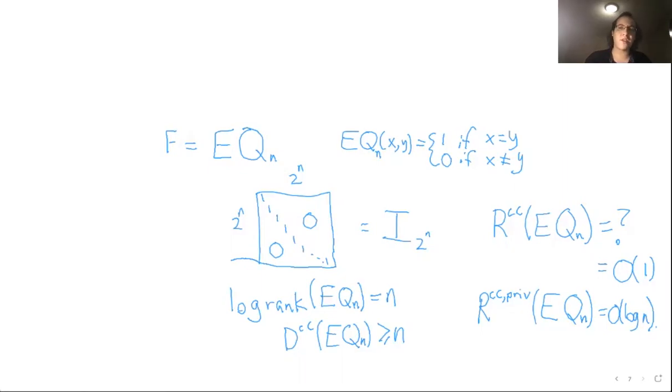And note that equality here is just a normal communication function. There wasn't anything weird about it. So randomized communication complexity can be exponentially smaller than deterministic communication complexity, and this was even a total function. We can also define partial functions in communication complexity if we wanted to.